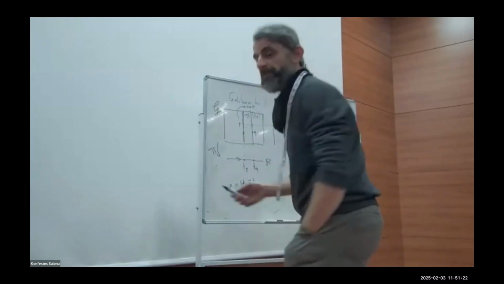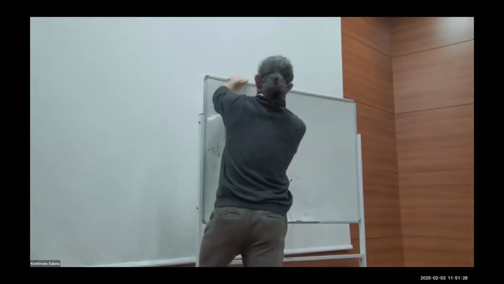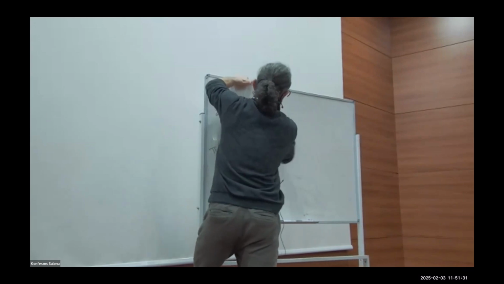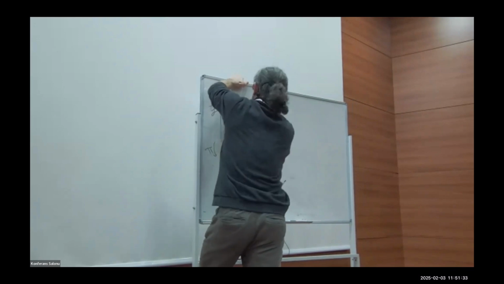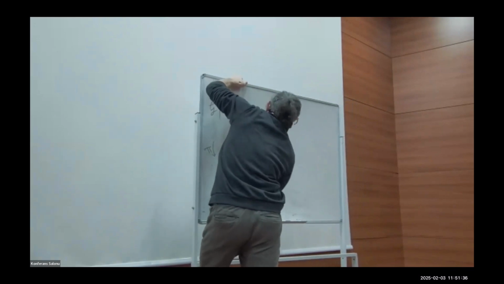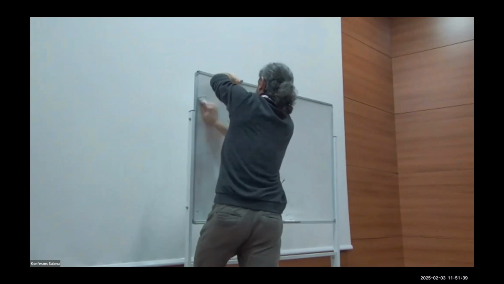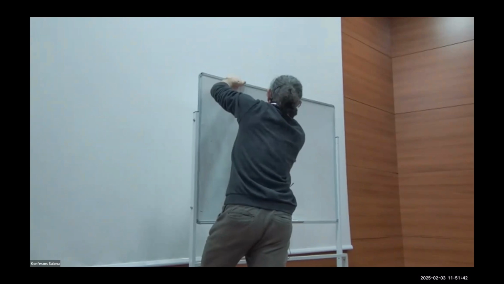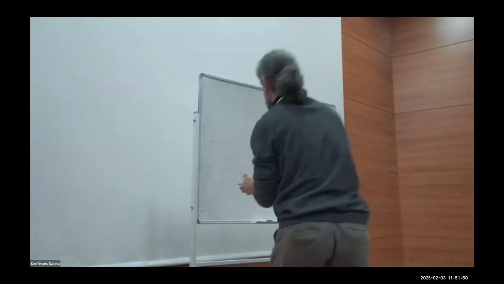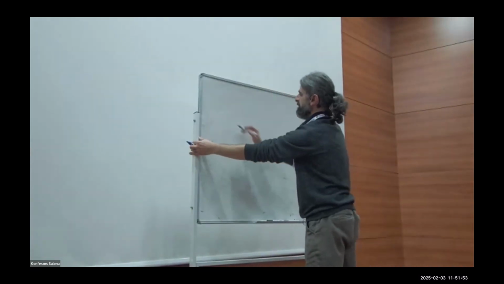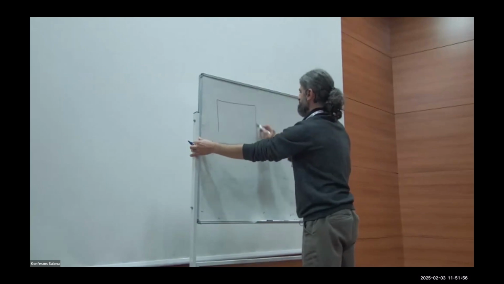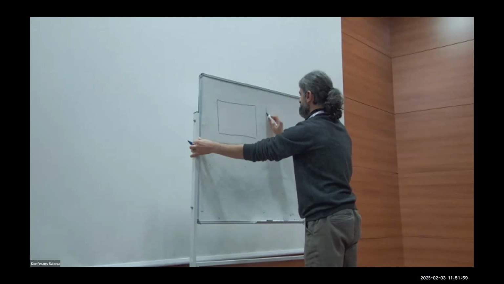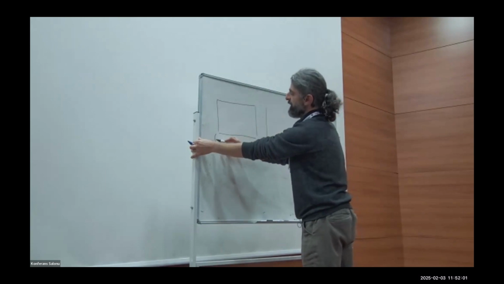So, for an arbitrary fiber bundle, you have here your base space, the total space, the model fiber space, the projection map.